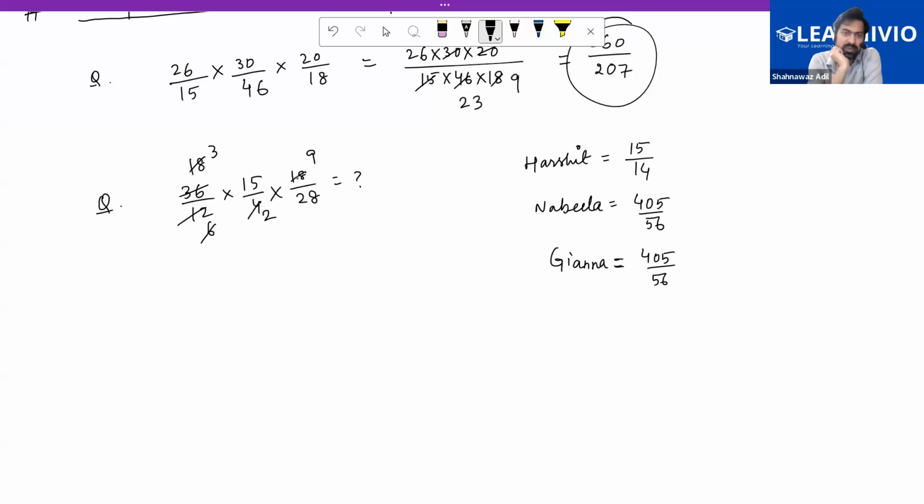Can we simplify this further? We cannot simplify this, right? So this is 56, and then this is 45 into 9. So 9 fives are 45, 36, 205.